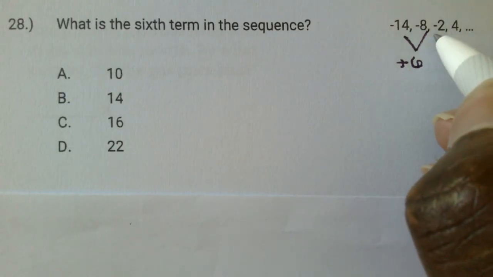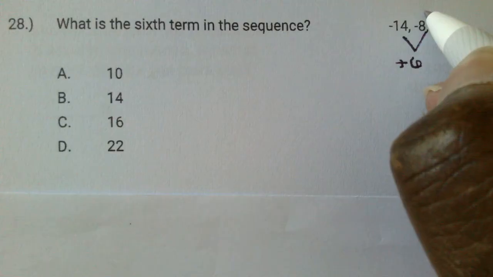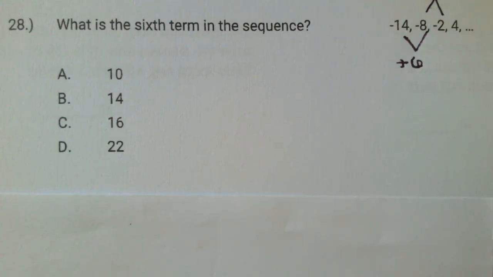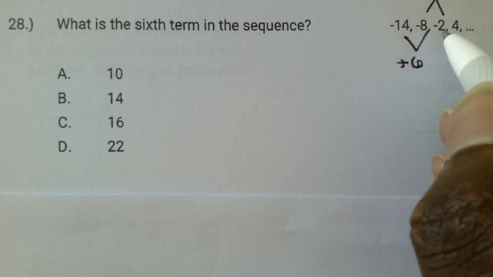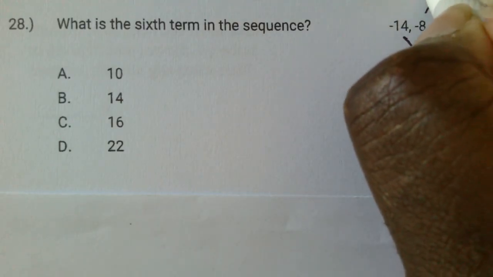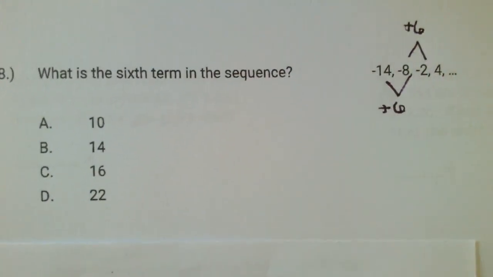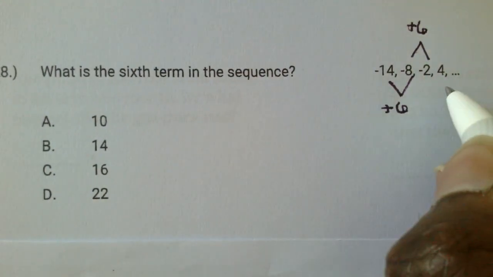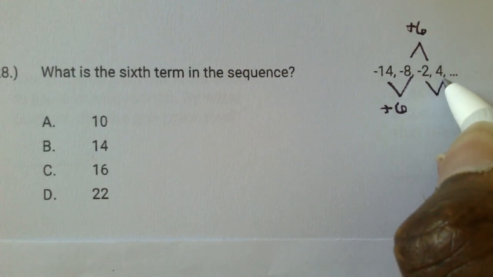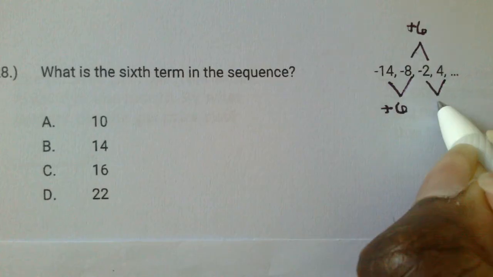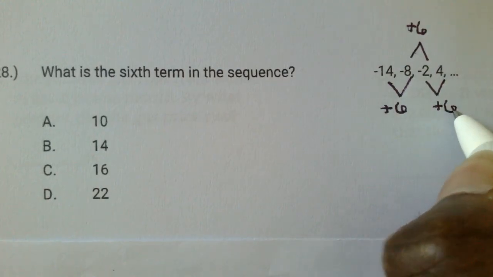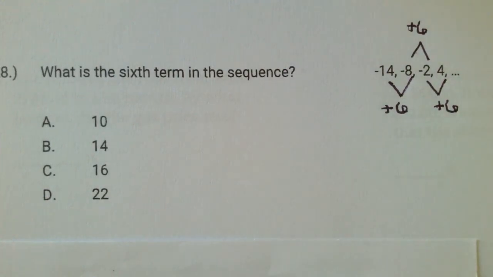From negative 8 to negative 2, I'm adding 6. And from negative 2 to positive 4, I have to add 6. So I can continue on with that pattern.